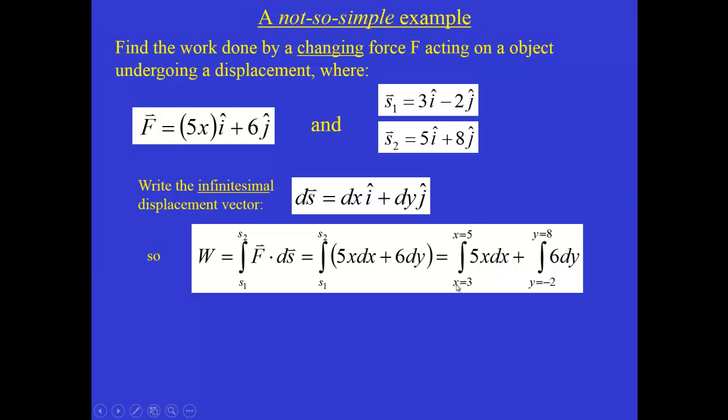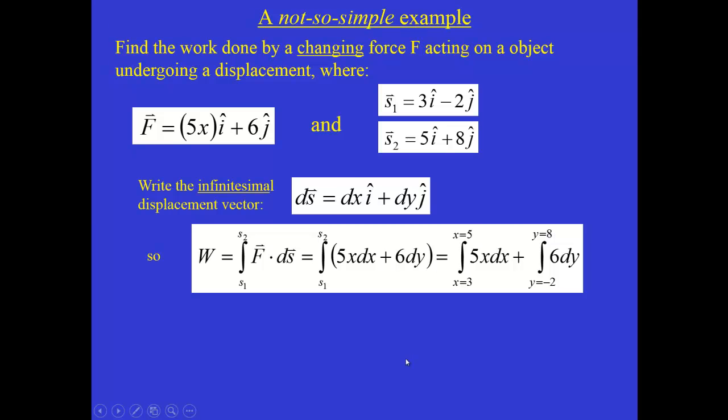The variable x is only changing from 3 to 5, right? 3 is the initial x coordinate, 5 is the final one. So we'll form that integral, and then we'll add to it the integral that we get for 6 dy as y changes from -2 to 8.